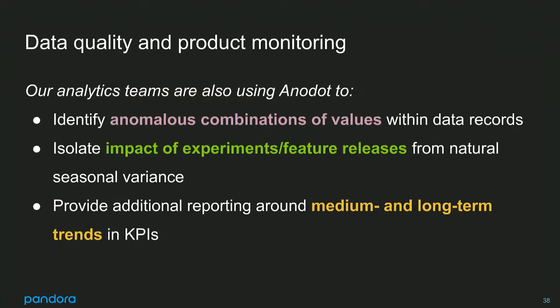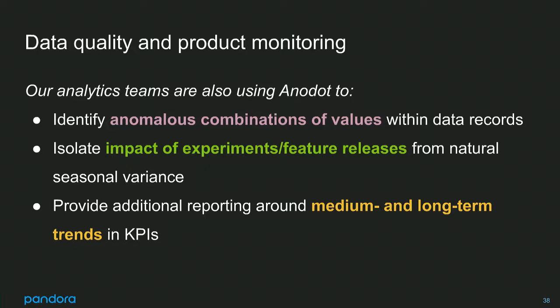And then just to give a brief overview of some of the things we are also starting to do from these other two aspects. I've talked a lot about the system and operational health aspect of this. Our analytics teams are also actively working to integrate Anodot into their processes. There are a few different use cases that we think are going to have a lot of long-term benefit there.